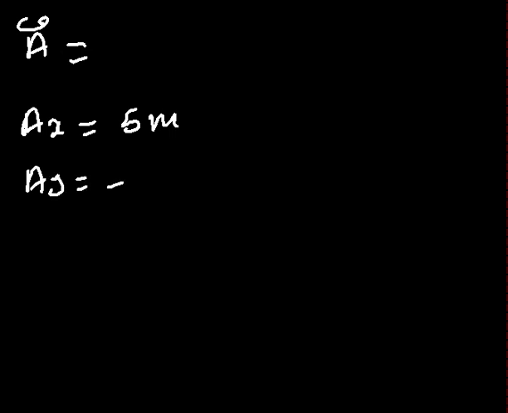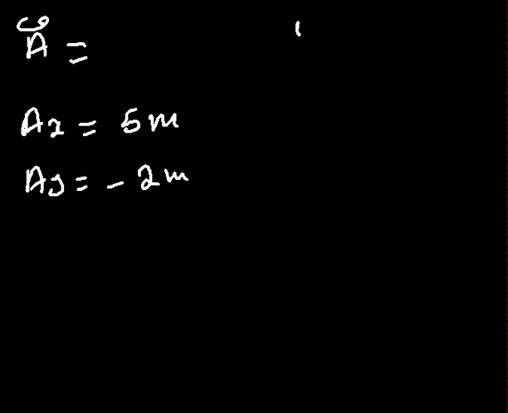Let's say we have the vector A, given as two components. It has the x component, Ax, which is given as 5 meters, and let's say we have Ay, which is given as -2 meters.